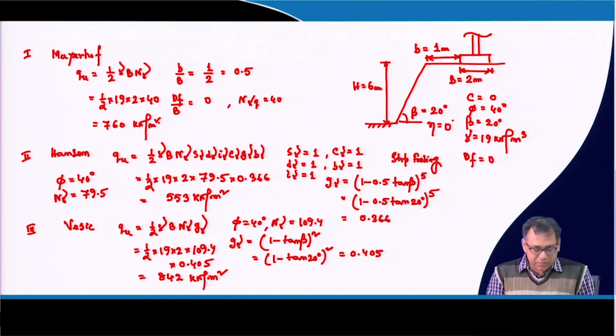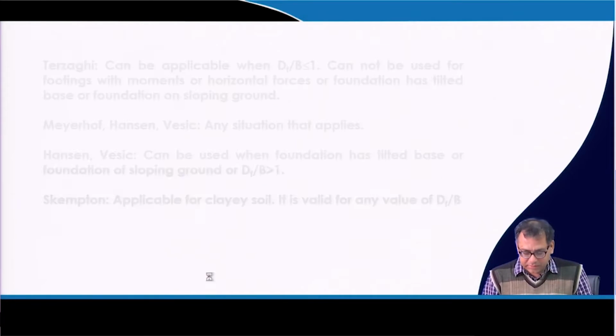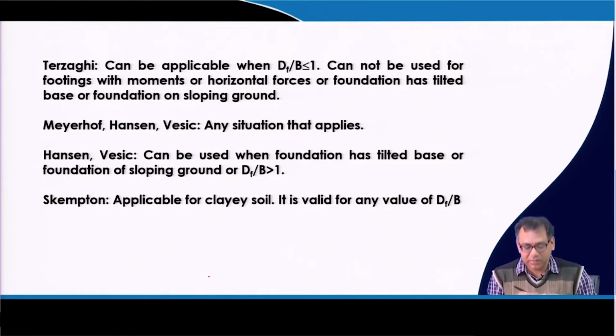Okay. So now, in comparison of all the methods, when you use which approach, that is the question. I have discussed the several approaches: Terzaghi, Skempton, Meyerhof, then Hansen, Vesic and the IS code approach. So all the approaches I have discussed.